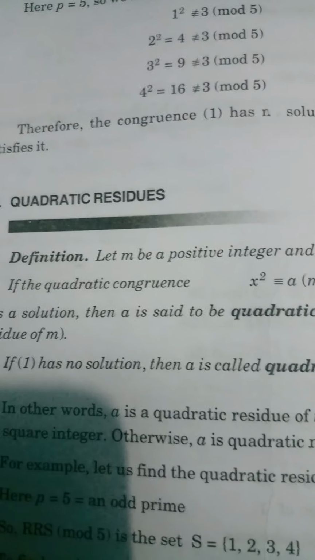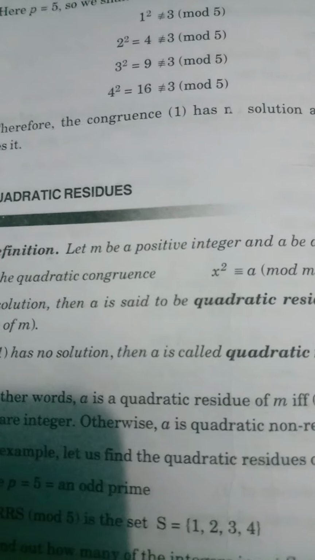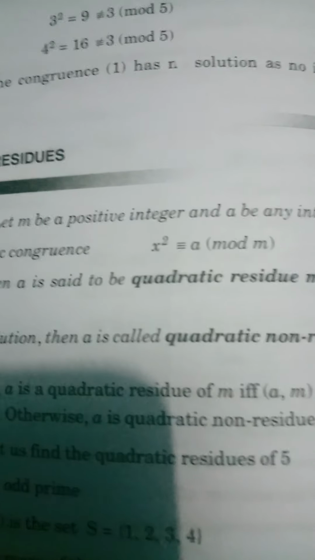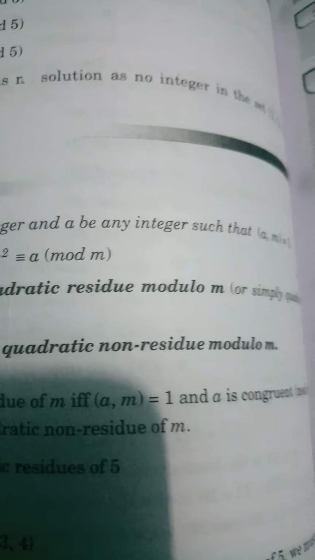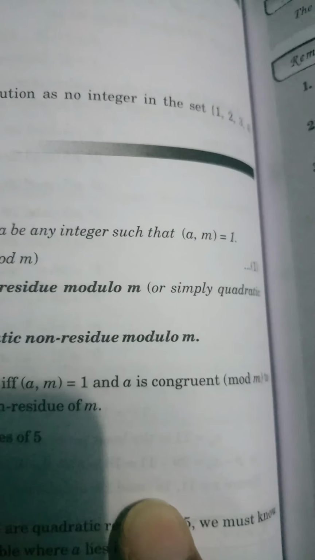What is a quadratic residue? The definition is: let m be a positive integer and a be any integer such that a and m are coprime.